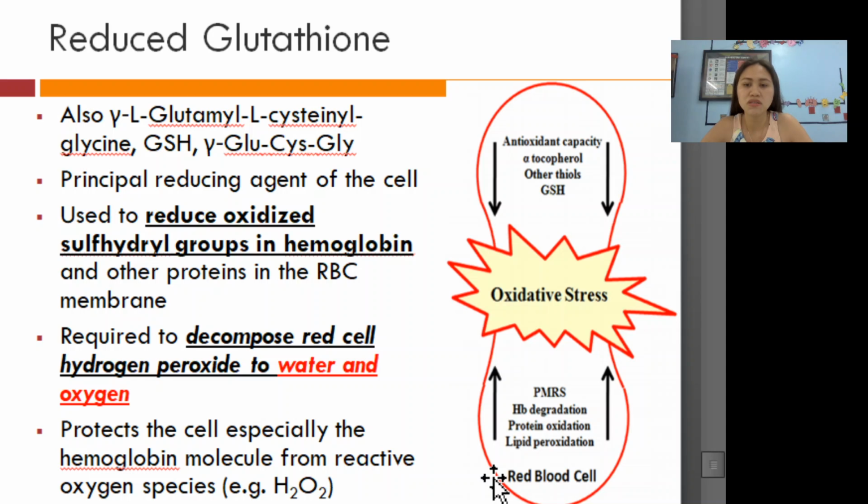Microorganisms, especially bacteria, can produce hydrogen peroxide, which is very bad for the cell, especially for the hemoglobin molecule. It destroys it.